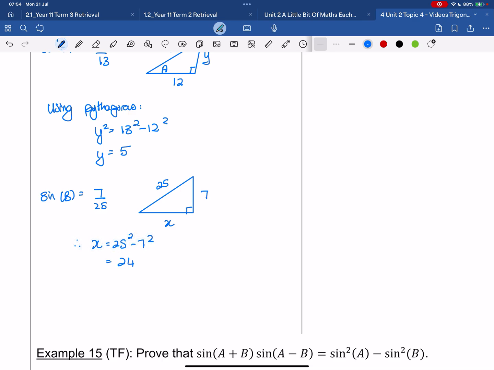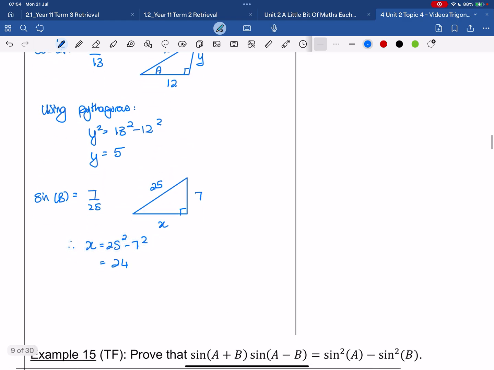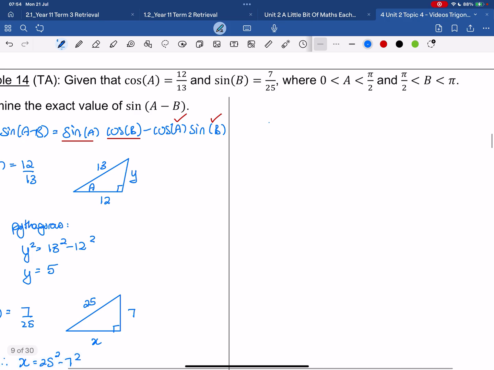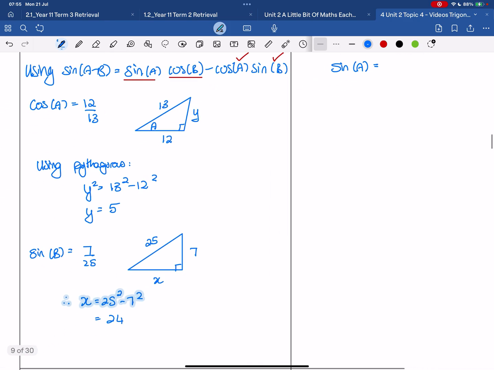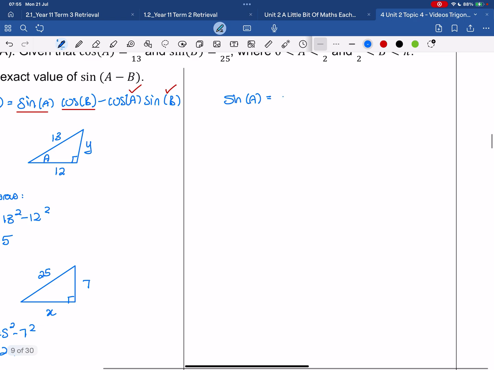So therefore I can say, well, sine of A, which is one of the things I'm looking for, is going to be 5 over 13, but I don't know if it's positive or negative yet.